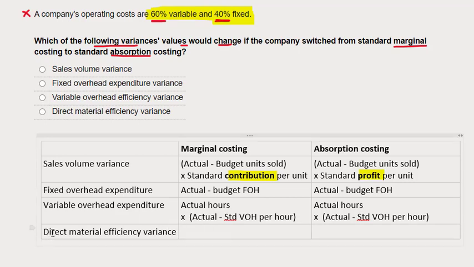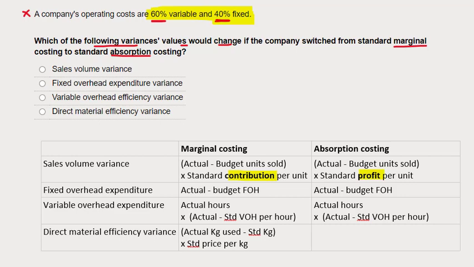And how about this last variance, the direct material efficiency variance? This is where each unit that I'm producing, I'm using more or less materials when I'm making that unit than I should have done, than my standard quantity for that number of units. And I calculate it by looking at the difference between the actual kilograms I used.